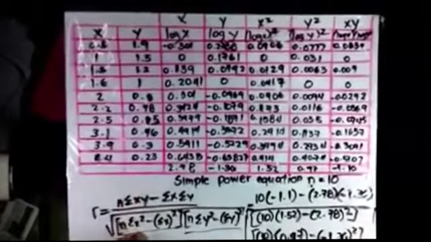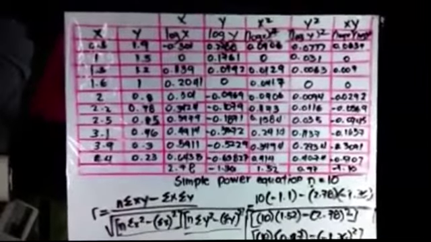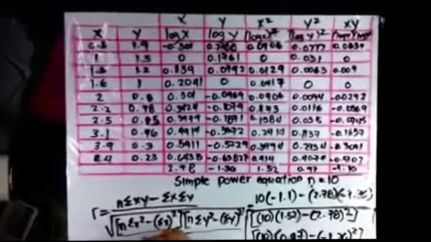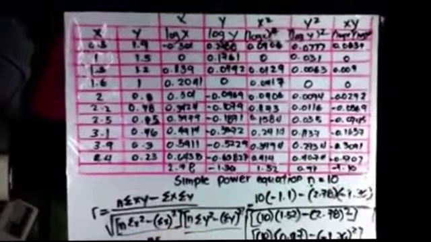Then we have the value of r, which is negative 0.95.